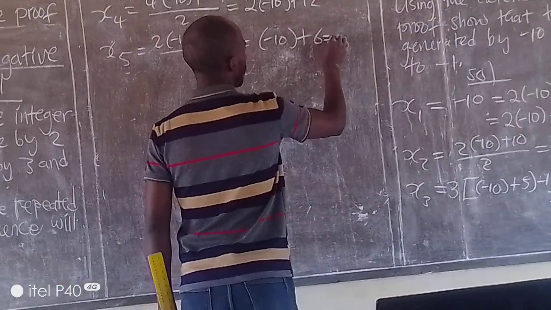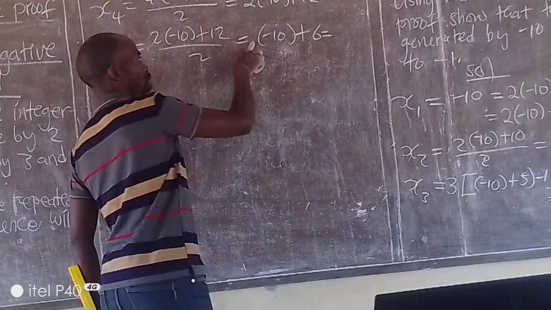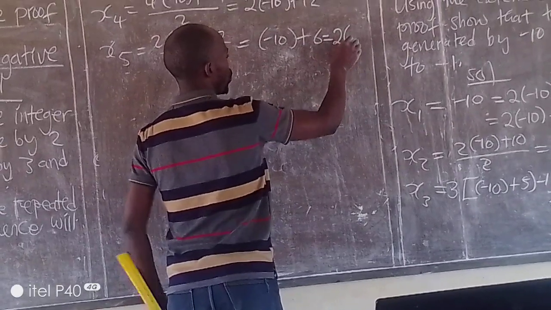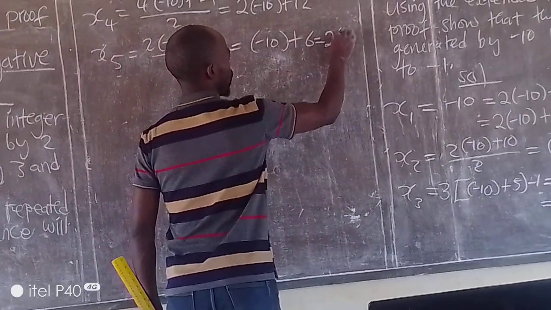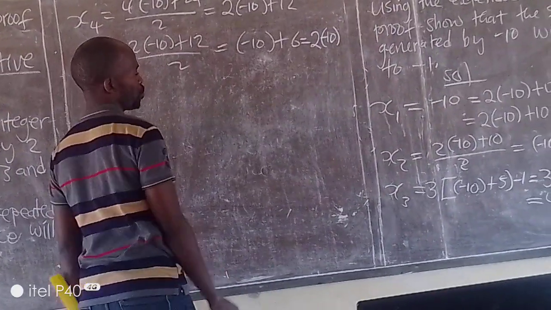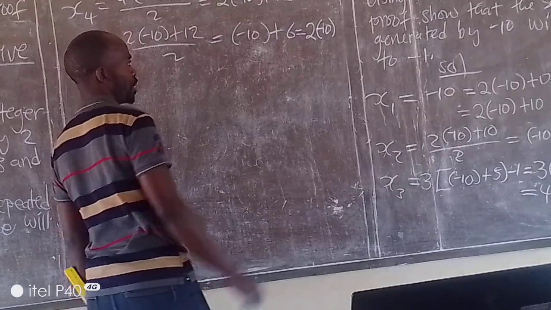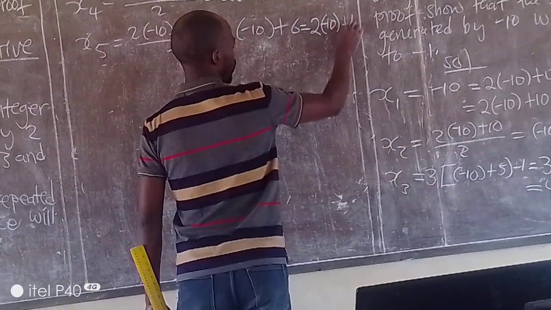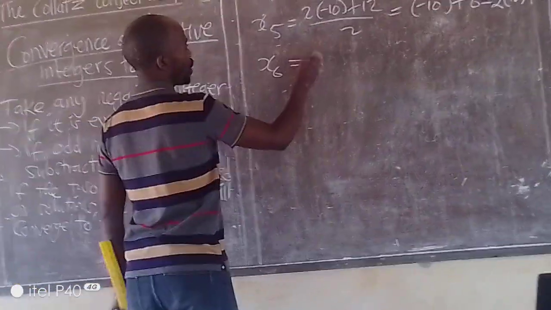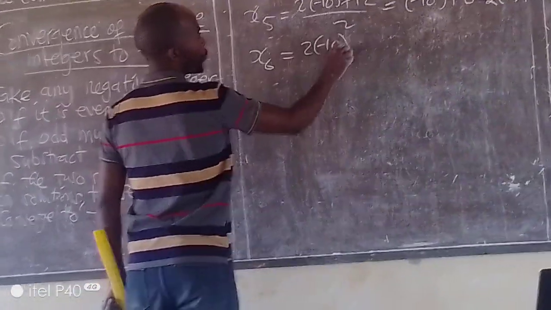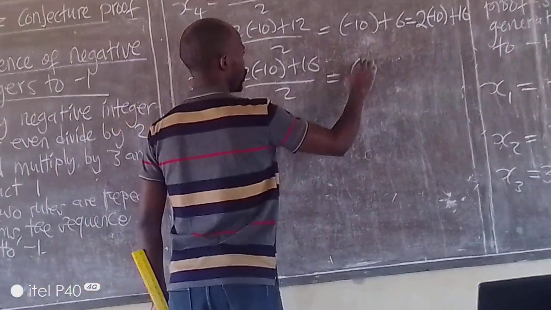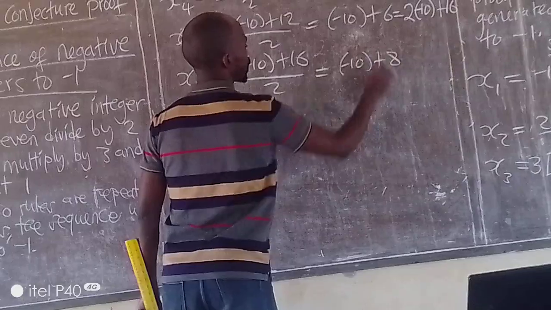So we add 1 to the one that is here. This is 2 times negative 10. Then 6 minus negative 10, that is positive 16. Then we can divide that by 2, and that gives us negative 10 plus 8.